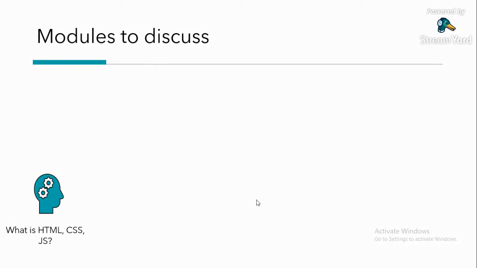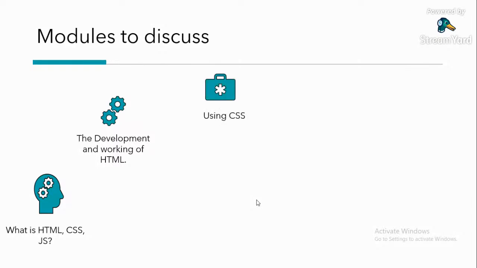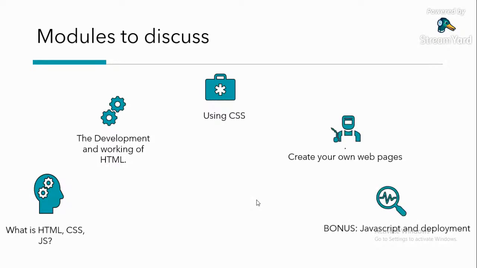We would be discussing web development, what HTML is and how it works. Then we will use some CSS and make the pages beautiful. Then we will create web pages, and if you show interest and we see some response, like people are developing something, then we will have JavaScript and the deployment as well.